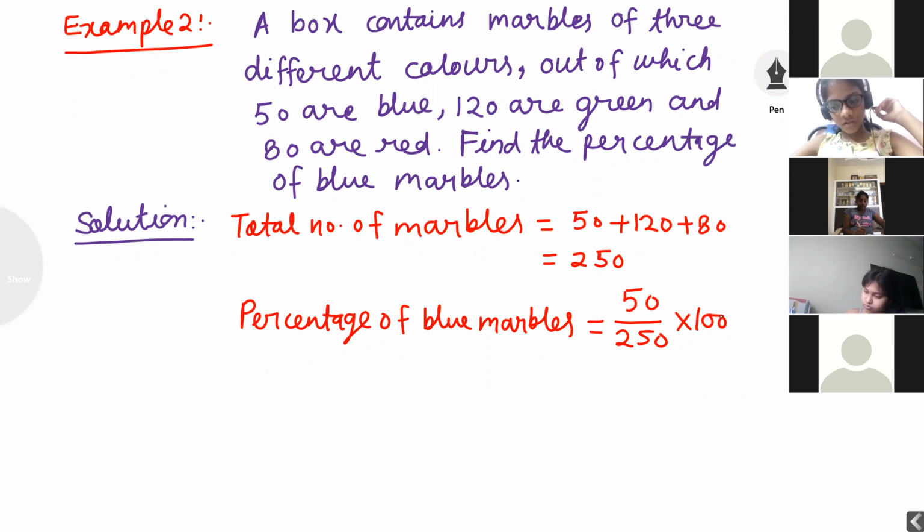This concept we are learning from previous onwards: smaller number by bigger number into 100 gives the percentage.